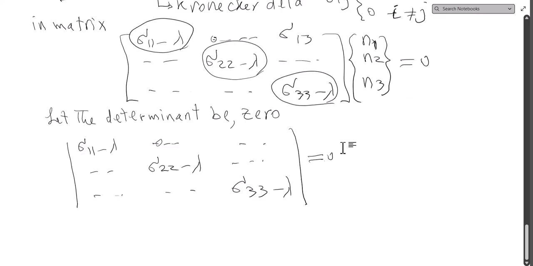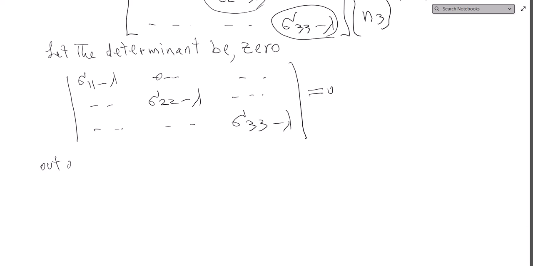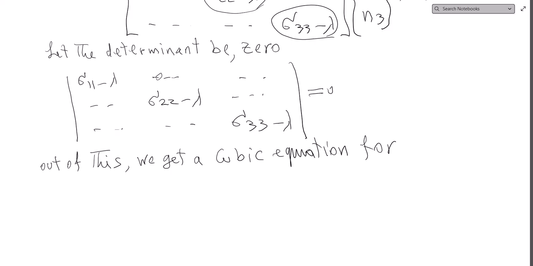If this happens, then I will get a non-arbitrary equation, and out of this, we get a cubic equation for lambda. That cubic equation has a special place in this type of calculation.